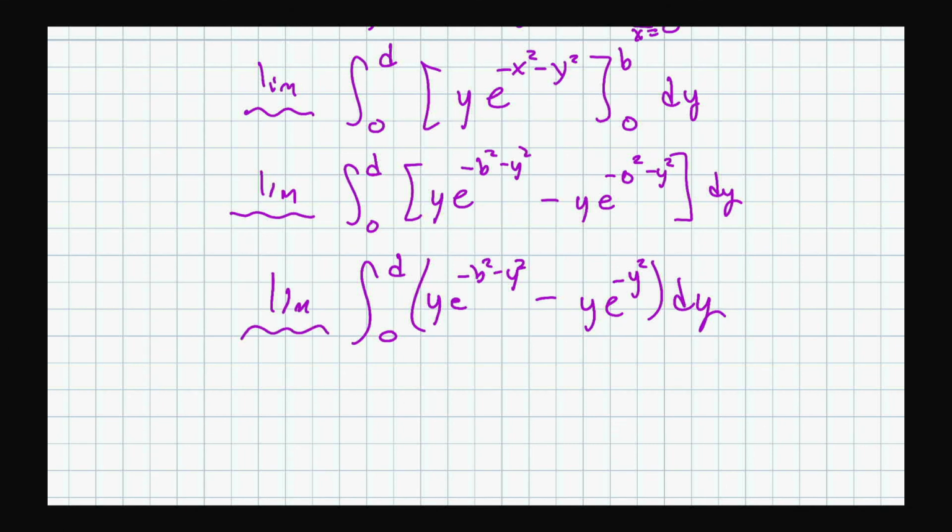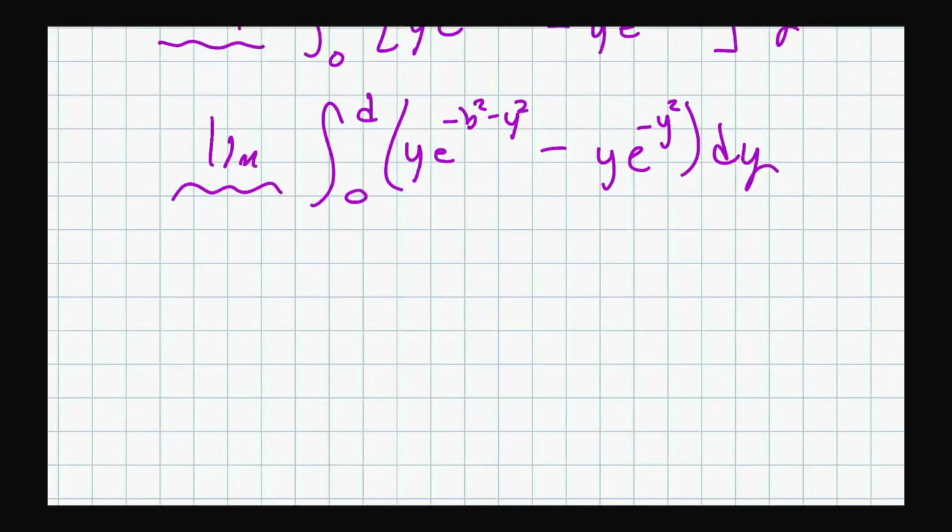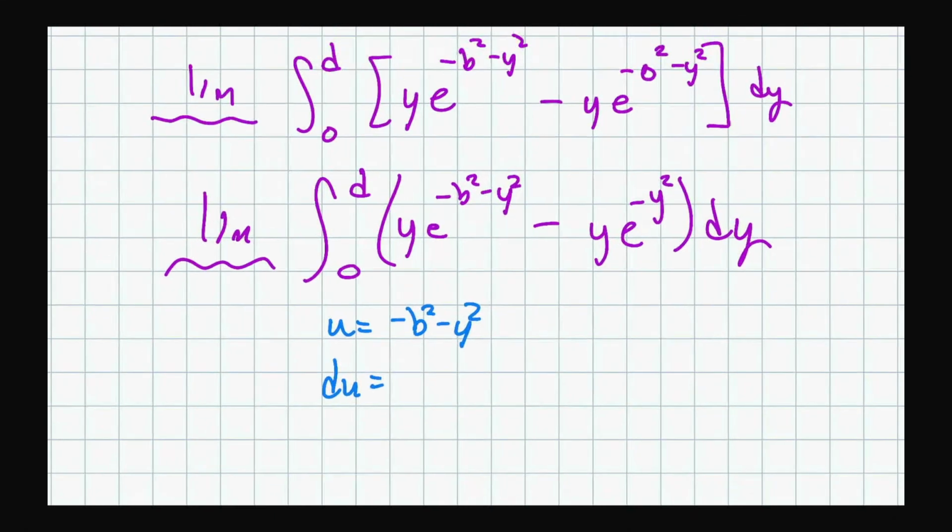Okay, how are we going to do these? Well, looks like each one needs a u substitution. I guess I could use u and v or u and w or something. So here you would do u equals negative b squared minus y squared, taking the derivative with respect to y this time.